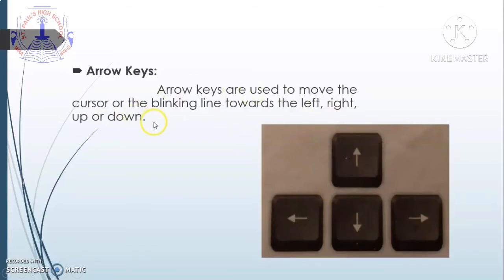The blinking line, the cursor, is the blinking line on the screen. So with the help of these keys you can move the blinking line or the cursor from left to right, up to down. Now these buttons are there on your keyboard.